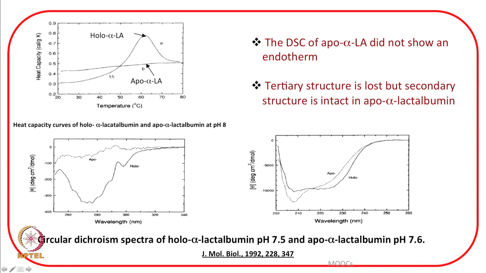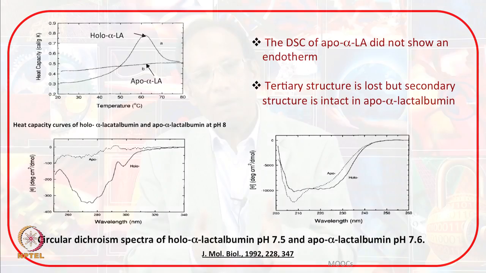So, therefore, absence of a cooperative thermal transition in DSC should also be interpreted as meaning the protein could be in an intermediate structure, and it should be verified simultaneously by the application of spectroscopic methods. And one such spectroscopic method which gives direct information on the secondary and tertiary structure of the proteins, as we just discussed earlier, is circular dichroism spectroscopy.